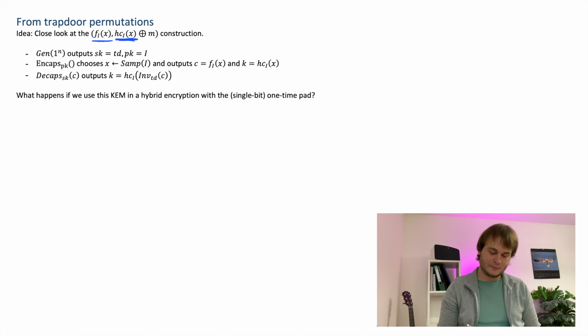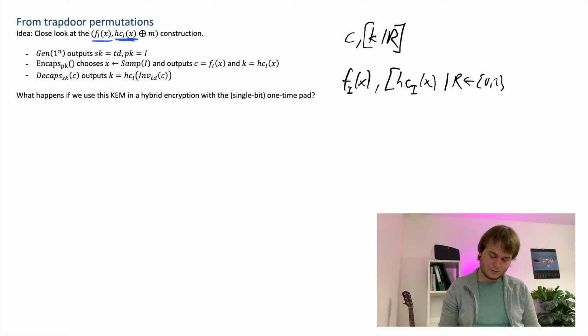Now for security, remember that the definition said that if I give an adversary C and either K or some random value, then he can't distinguish which of these two I give him. And for this instantiation, this is easy to see, because C is just f of x, and K is the hardcore bit. So in that case, the definition says if I give you f of x, you can't distinguish the actual hardcore bit from just a random bit.